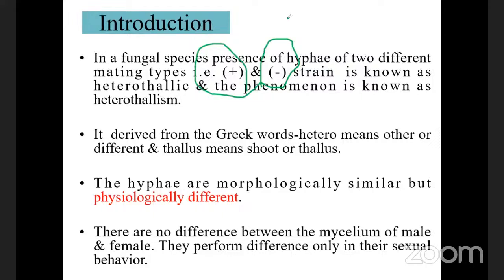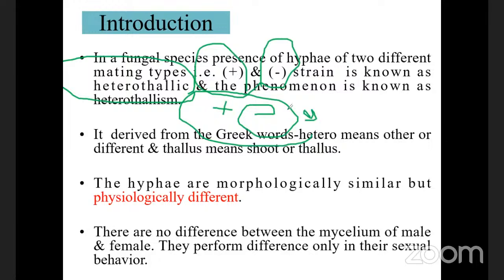Okay, that is what we are discussing here. When there is no variation in the thallus structure, that is homothallic. That we call homothallic.